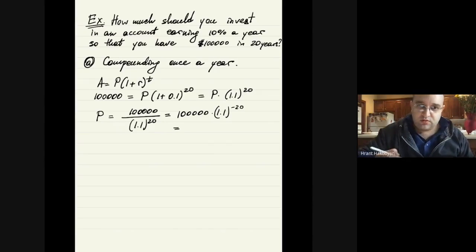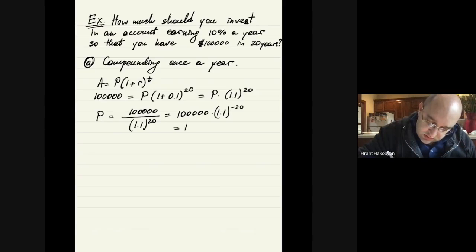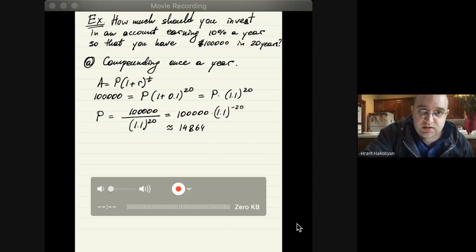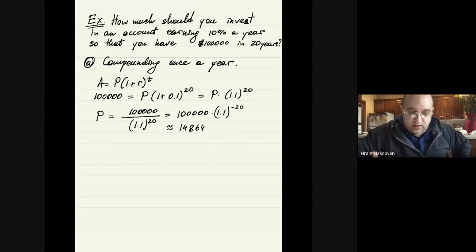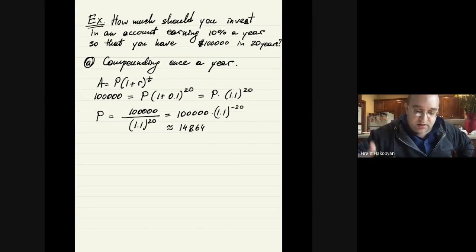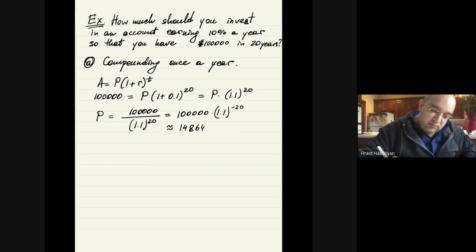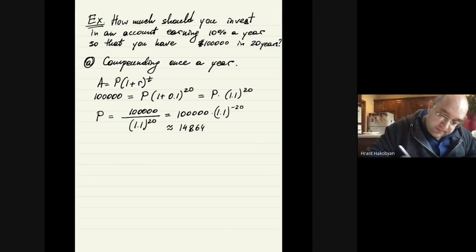That gives you approximately 14,864. So that means if you want to have 100,000 in a bank account that earns 10% a year in 20 years, right now you need to invest approximately $15,000.